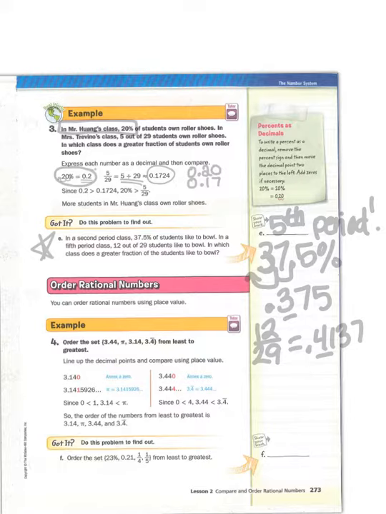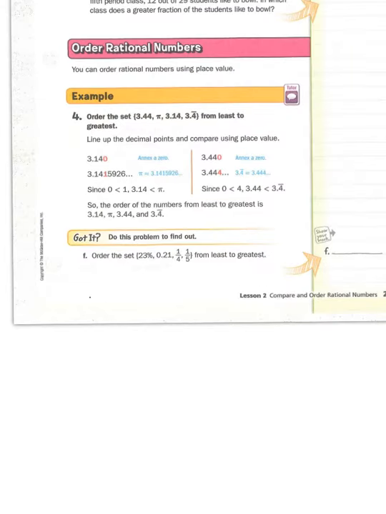So 12/29 would be larger than 37.5%. It would be about 41% of students in the 5th period class. So to answer the question, we would say that the 5th period class has a greater fraction of students who like to bowl.